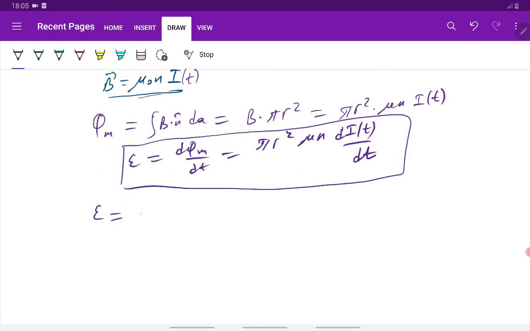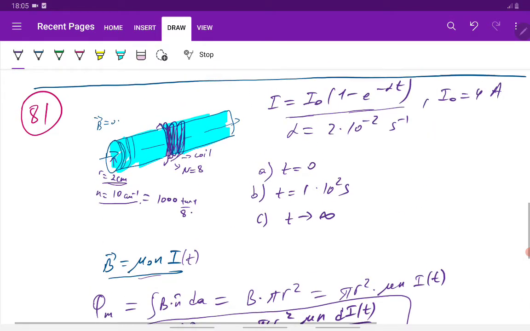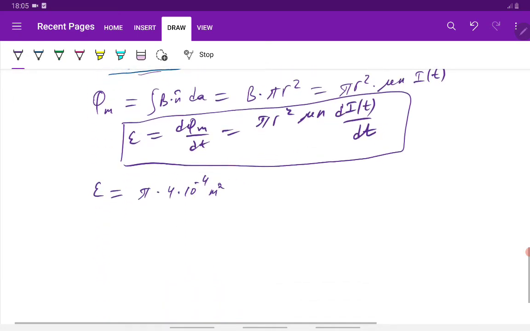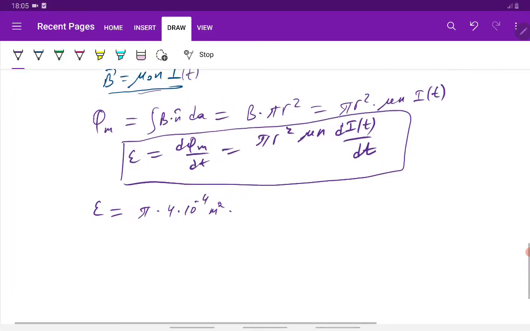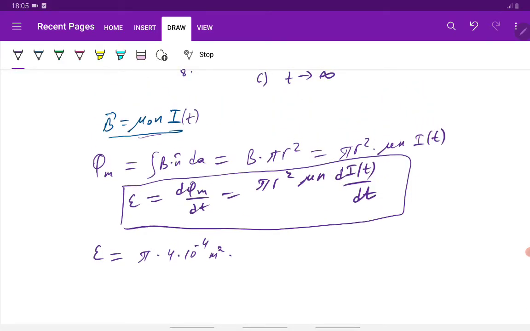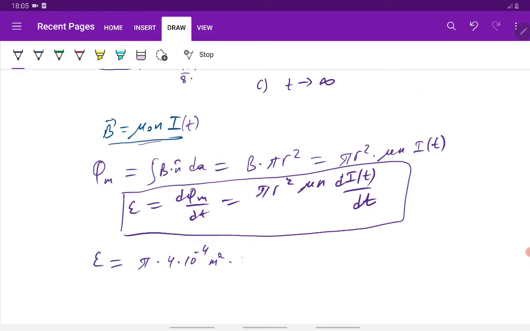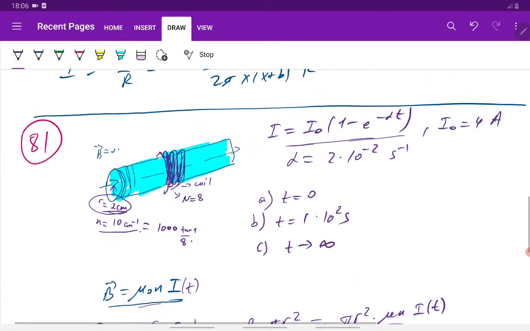So p 3. Okay, let's just 5. 4 10 to the minus 4 meter squared. So I wrote immediately into the meters, and mu equals 4 pi to the minus 7 to the 1000, and the d over dt.